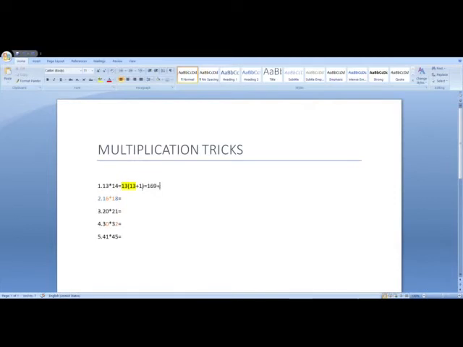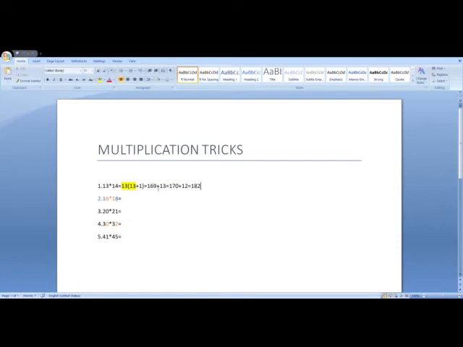Plus 13. So what do we get? 169 plus 13.